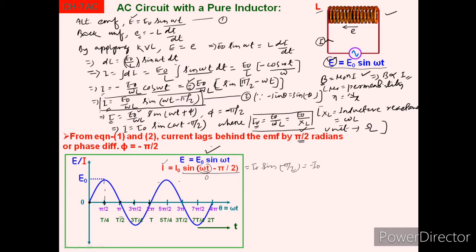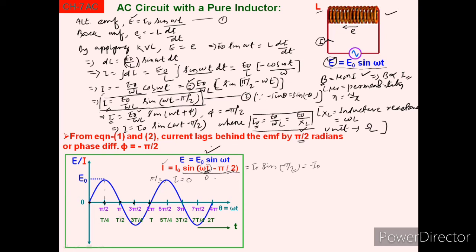Similarly, when the phase angle is pi by 2, in place of omega t we put pi by 2, so this pi by 2 and this pi by 2 cancel, and we get sin 0. So I is 0.